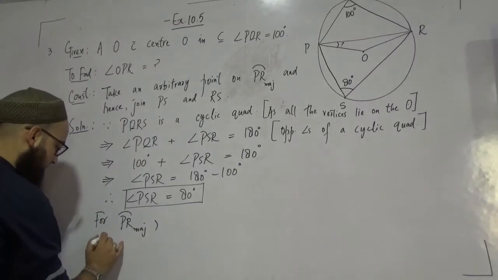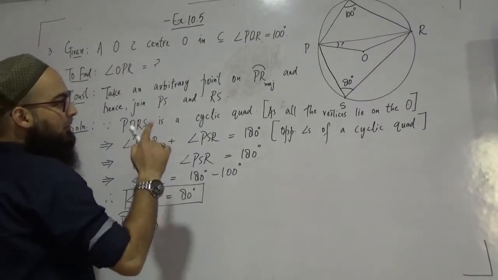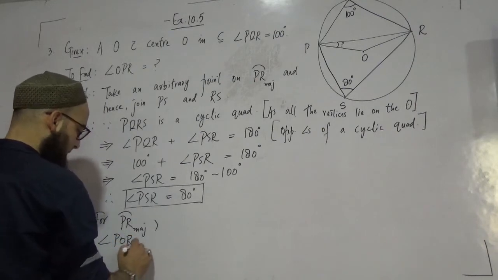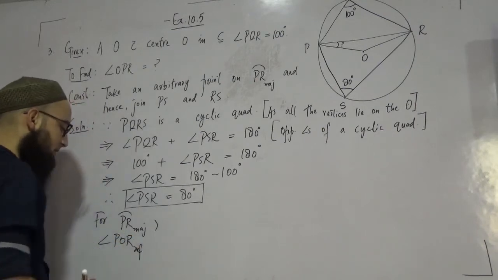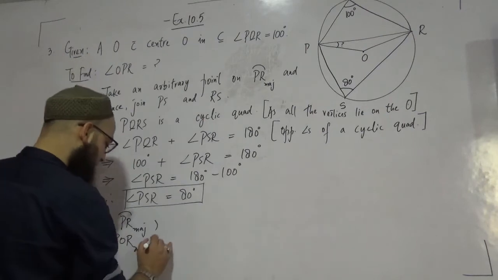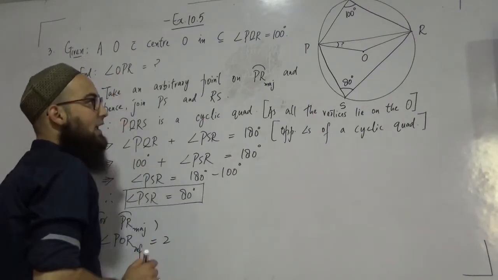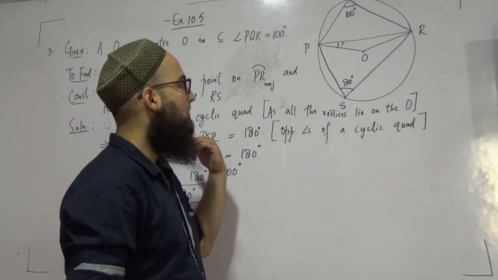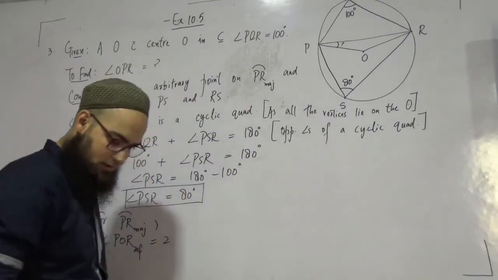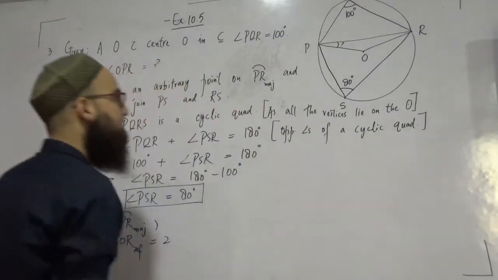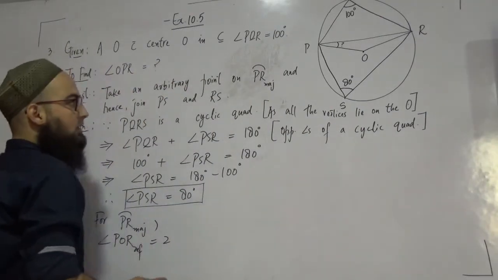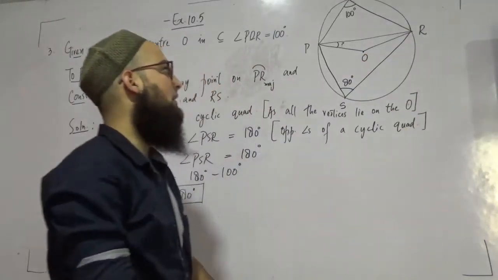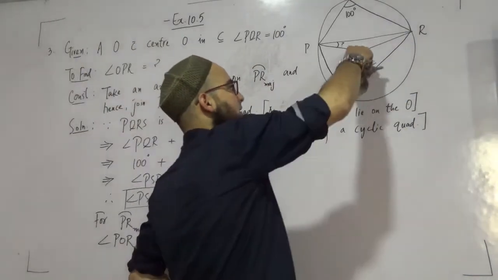So angle POR reflex will be twice the angle subtended. Or you can do one thing. Let me make it easy. I'll consider this arc PR minor arc. Angle subtended by it is this.